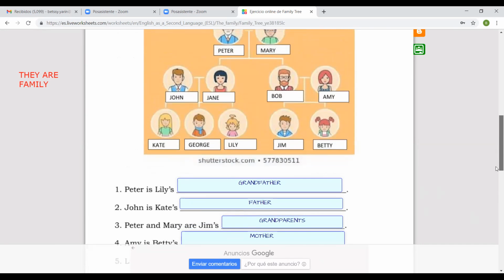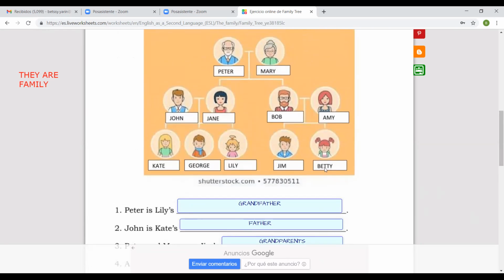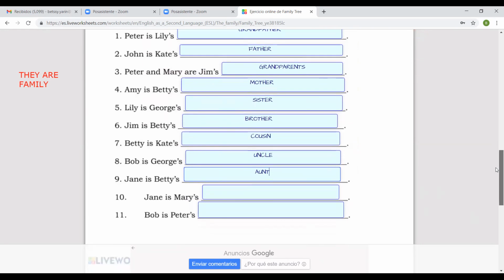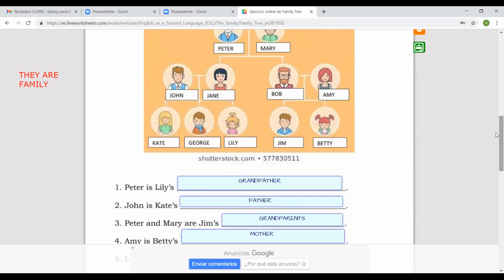What about in number 9? Jan is Betty's aunt. Okay, very good. Uncle and aunt, tío y tía. What about in number 10? Jane is Mary's daughter. Are you sure?